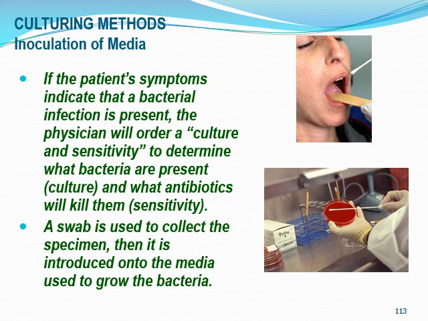If your patient's symptoms indicate that a bacterial infection is present, then the physician will order a culture and sensitivity, which I talked about, how I was always fascinated by those cultures and sensitivities and how I think they're so useful and they're not utilized enough.